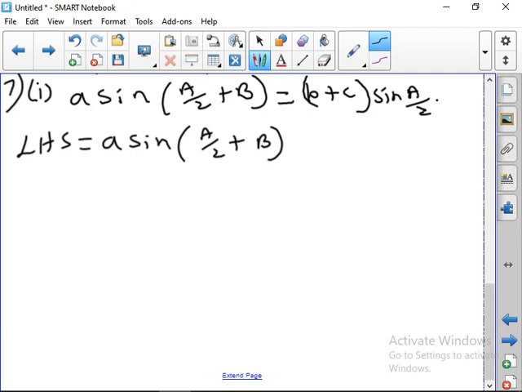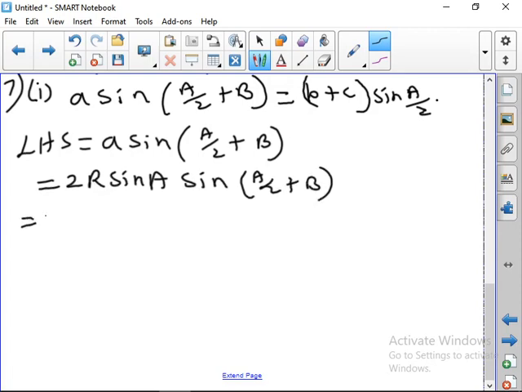So now here again by law of sine, A is 2R sine A into sine A by 2 plus B. So it is equal to 2R into, we can write sine A as, okay, sine theta. Do you remember the formula? Sine theta we can write as 2 sine theta by 2 cos theta by 2.